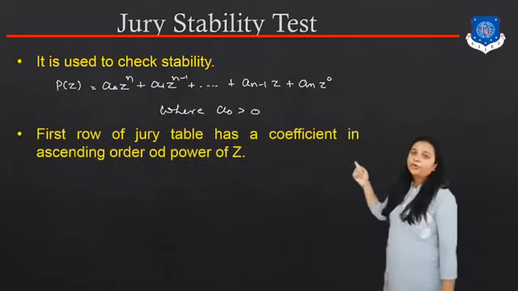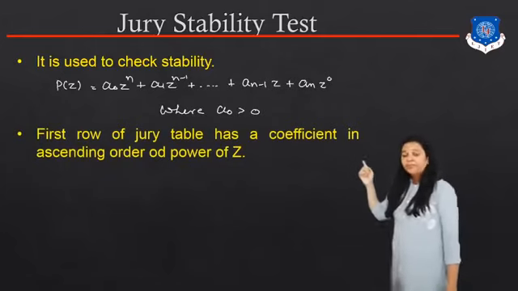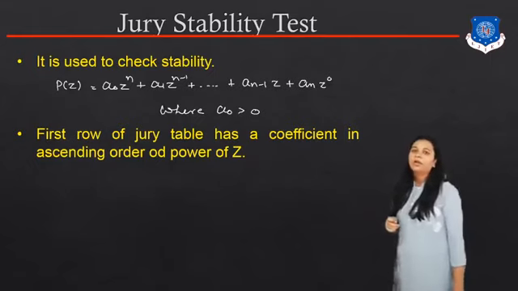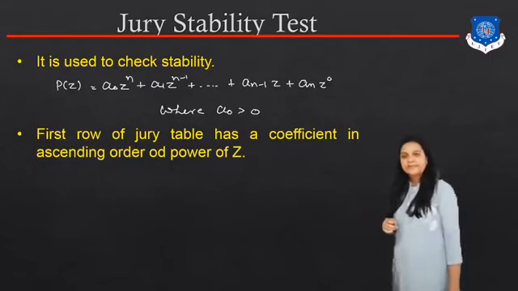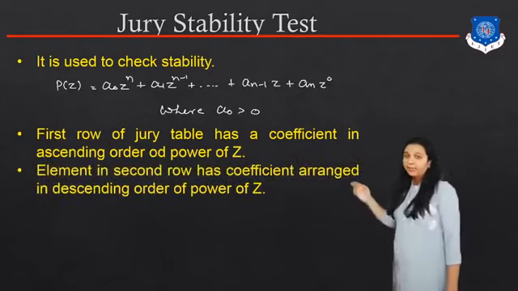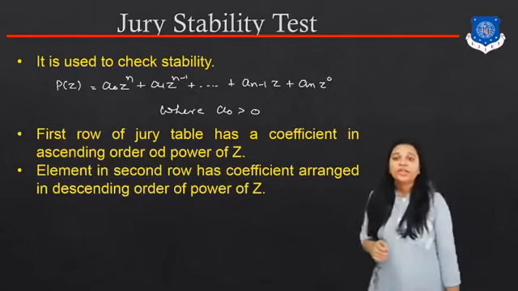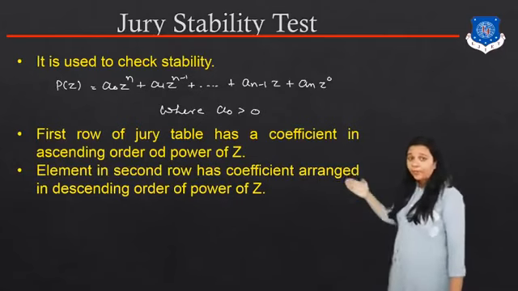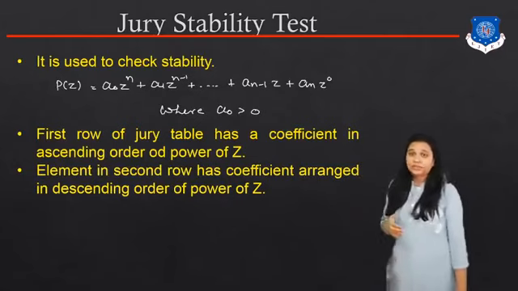The first row of the Jury table has coefficients in ascending order of the power of z. Okay, the elements in the second row have coefficients arranged in descending order of the power of z. So this is the format of the Jury stability test.